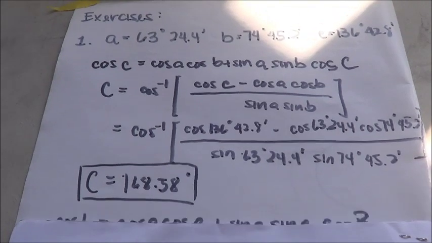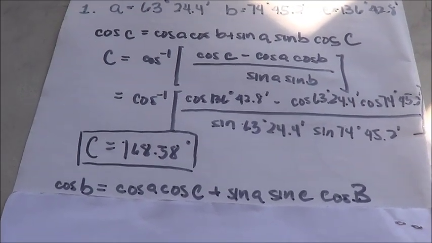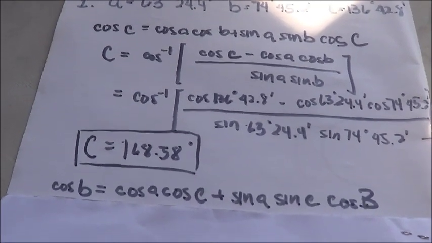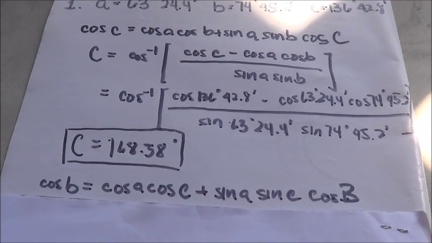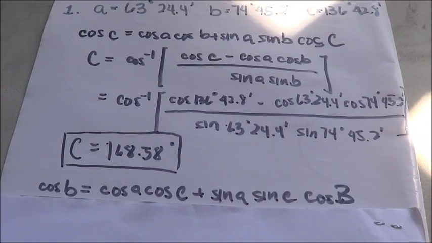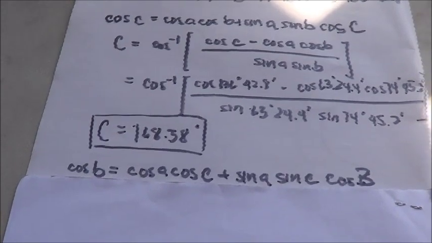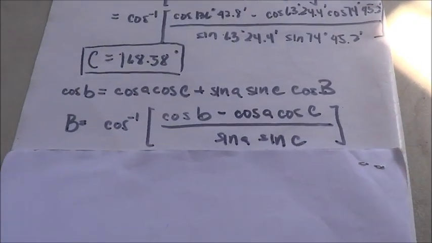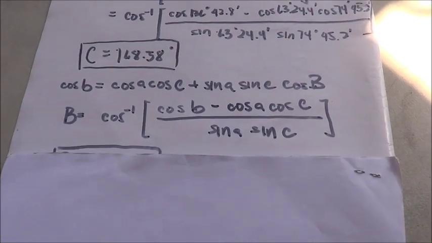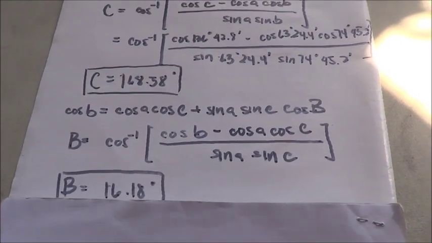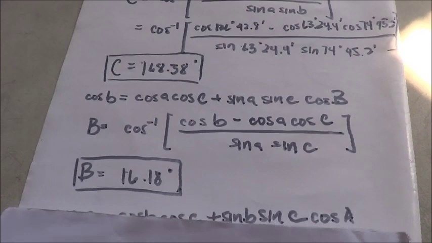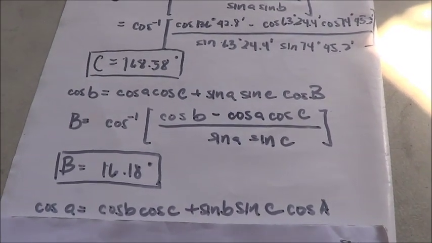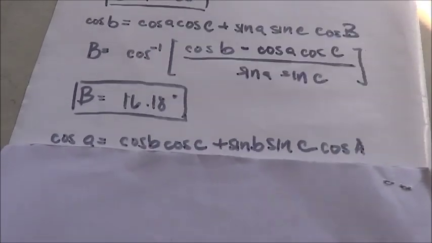Doing the same for the other angles, but using different formulas. For angle B, we use cosine b is equal to cosine a cosine c plus sine a sine c cosine uppercase B. And then we again isolate B and get a formula. Then we plug in the values, and we get B is equal to 16.8. Then for angle A, we use the same kind of formula again.